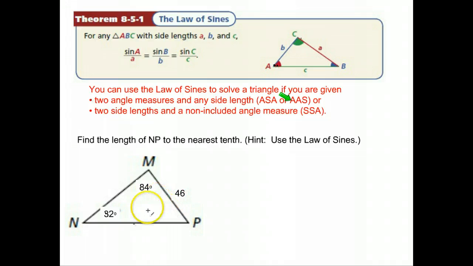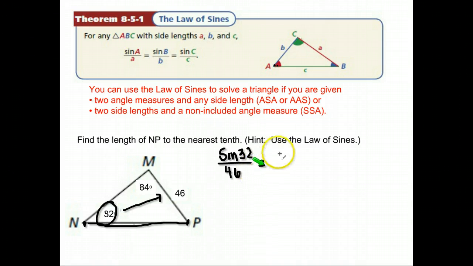The way you set it up, we're trying to find NP, which is the distance from here to here, the length of this side. We may also call that our m. We set up the law of sines, so we have the sine of our angle, which was 32 degrees, over the length of the side across from it, which is 46.